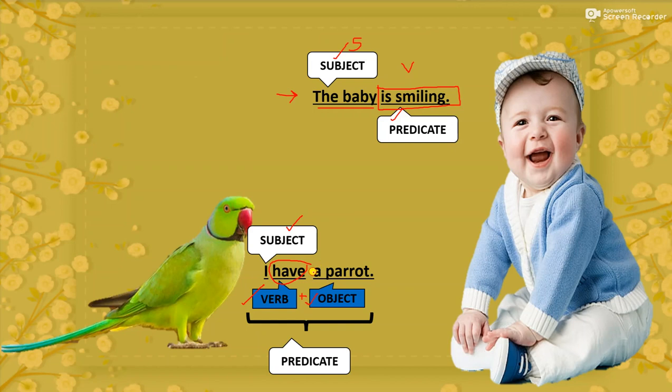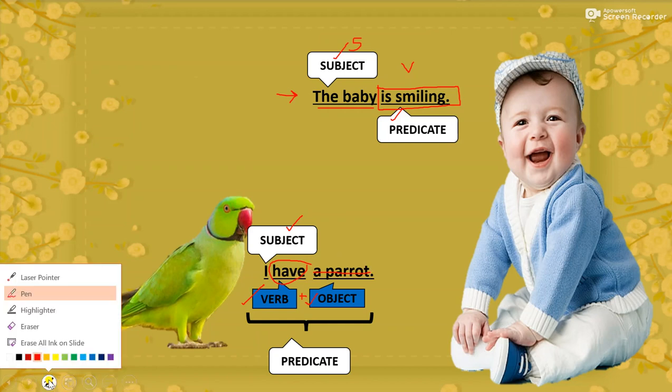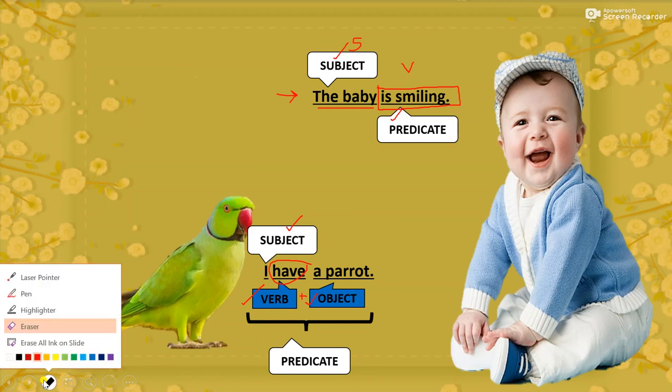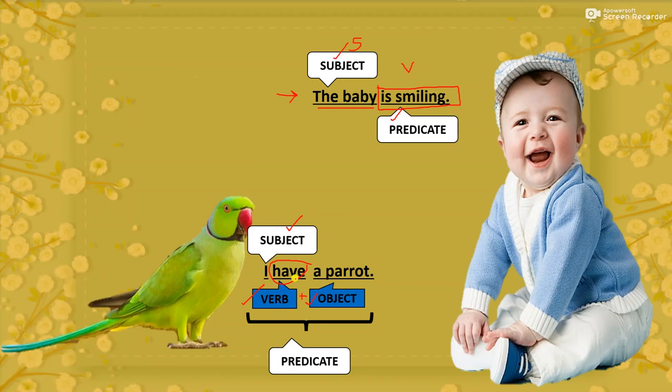For example, if we say I have, this is an incomplete sentence. In order to give a complete meaning to this sentence, we have added a group of words after our verb, and that is a parrot. So now that we have I have a parrot, we have the subject, we have the verb, and we have the object, then the sentence sounds complete and meaningful.